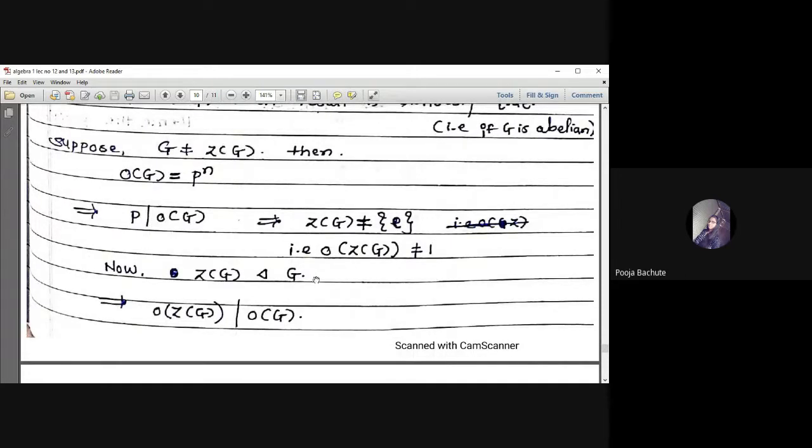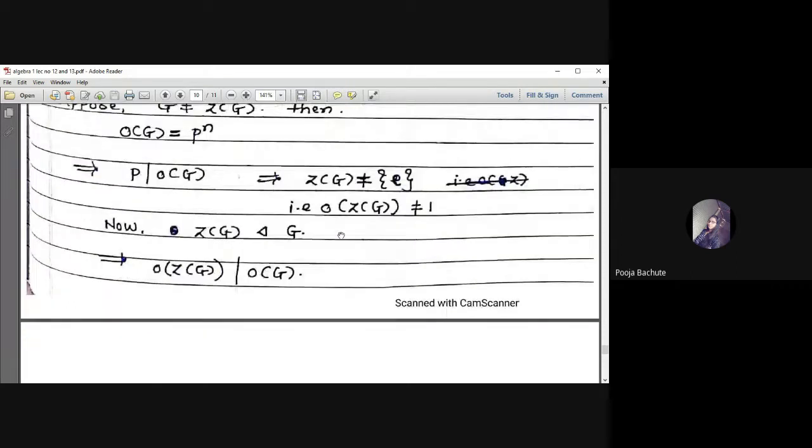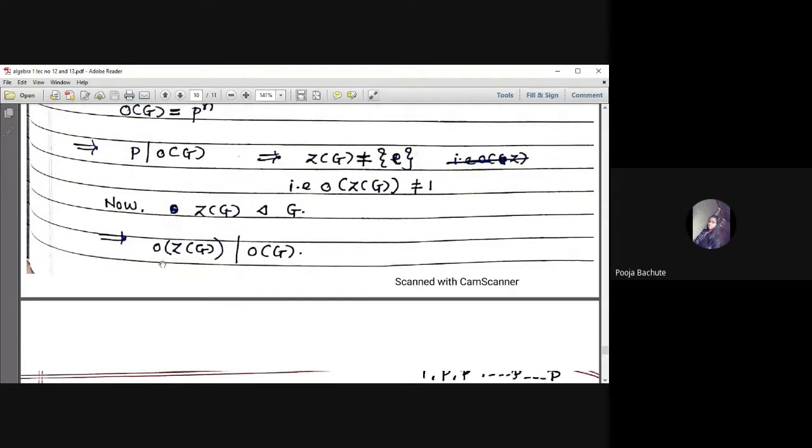So here Z(G) is not equal to singleton e. That is, the order of Z(G) is not equal to 1. We know that Z(G) is always a normal subgroup of what? G. Hence we get that the order of Z(G) must divide the order of G. Is it correct?